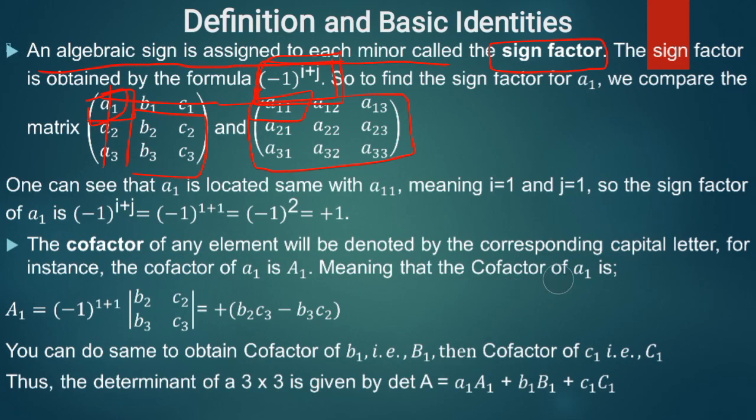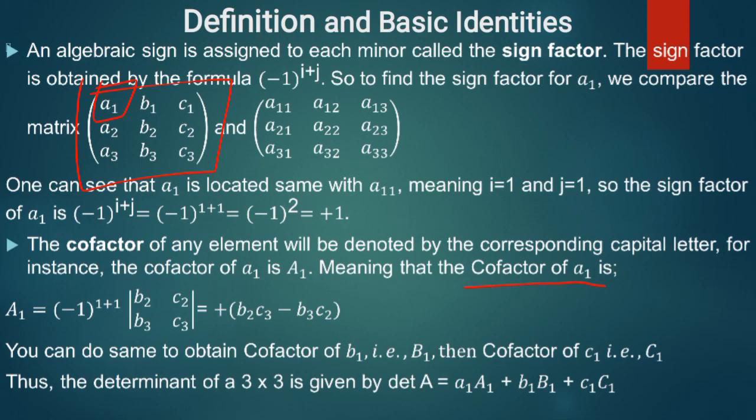Whenever I ask you, or anyone asks you, to find the cofactor of a particular element in a matrix, whatever matrix we give you. In this case, ours was A1.